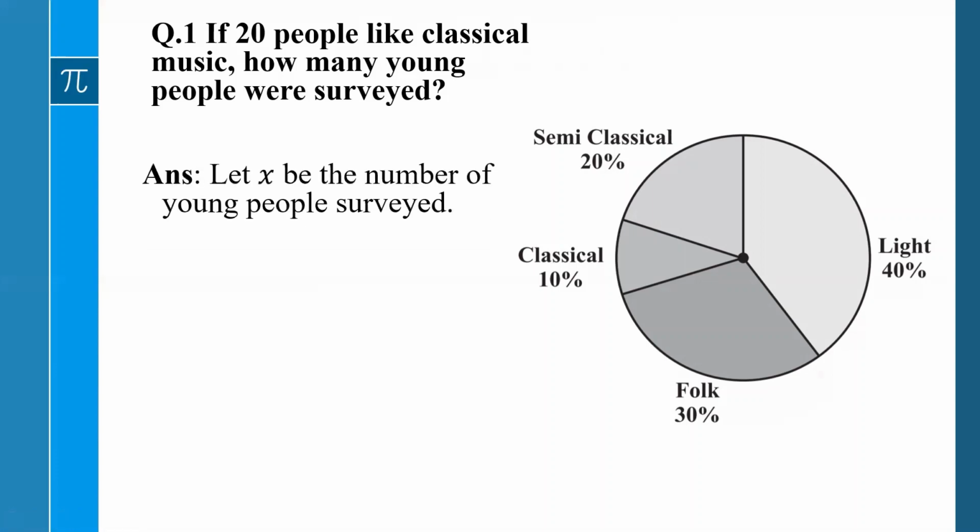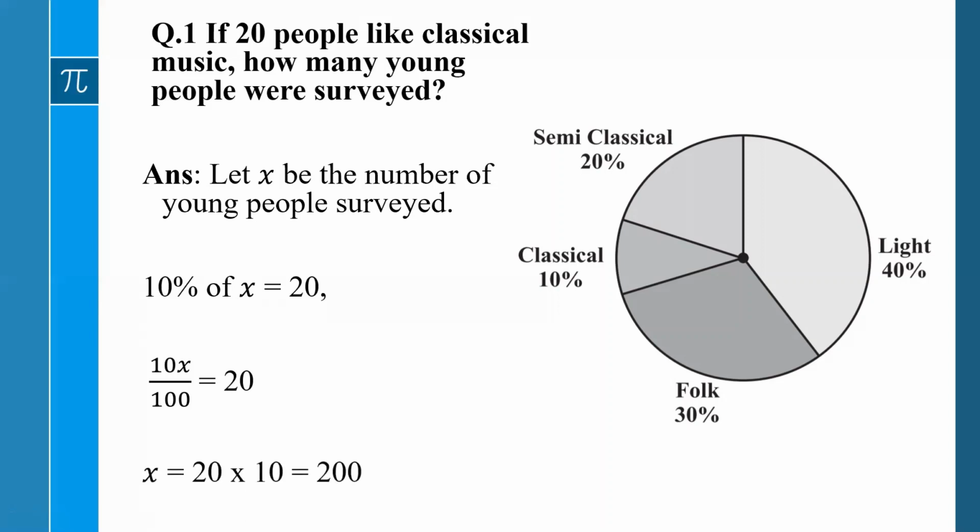So let x be the number of young people surveyed, then 10% of x is equal to 20, because the total number of people we have taken as x. Now 10% means 10 out of 100. So 10x upon 100 is equal to 20. So the value of x you will get is 20 into 10, which is equal to 200.